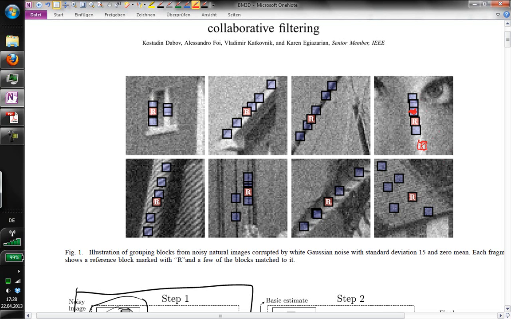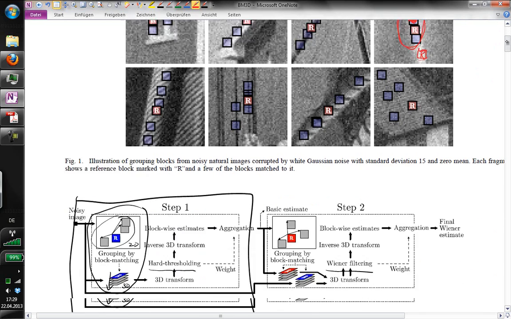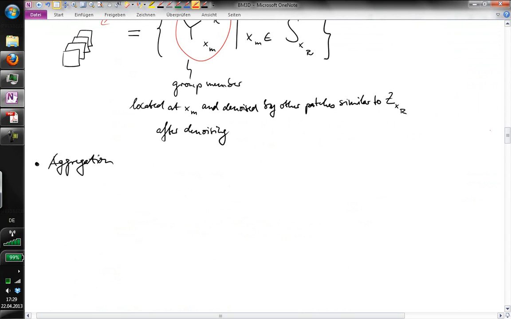And when we group these patches here, we get a new estimate for this patch because we filter in 3D. But if it's a member of a different group, then we get a different estimate for that patch. And now we want to reconcile all these different estimates, which we do in the aggregation step.